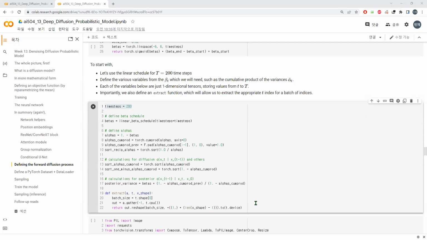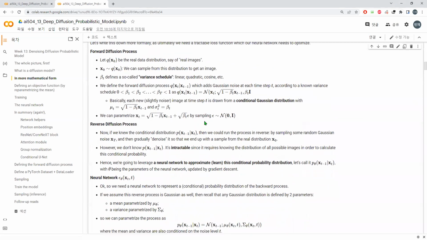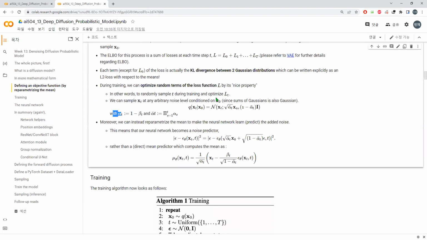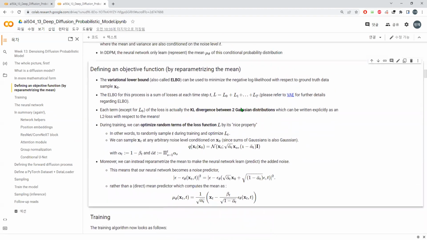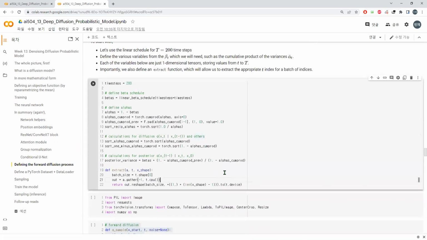So in the mathematical form, there were many symbols like beta, alpha, alpha bar, and Q and P. And this block defines the scheduling of alpha, the beta and alpha.